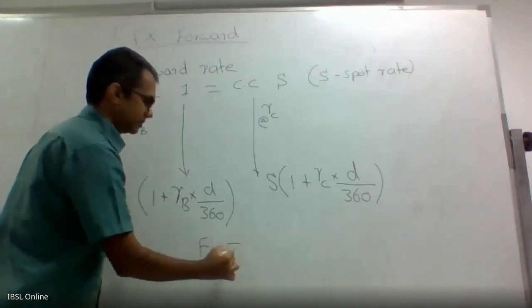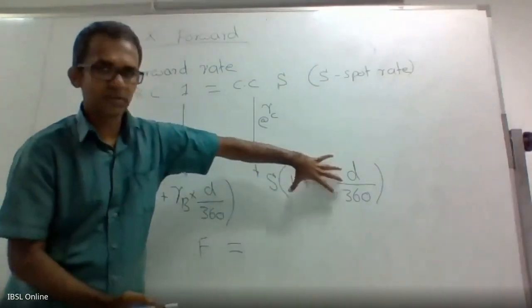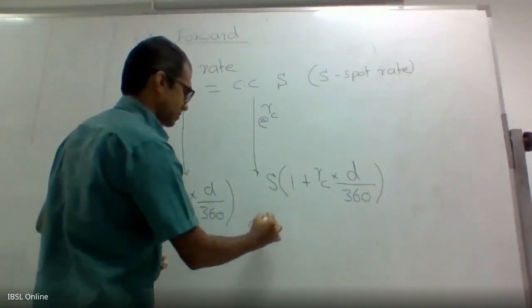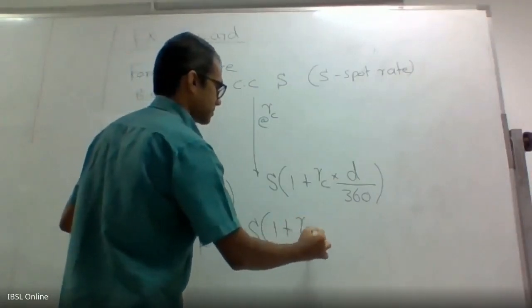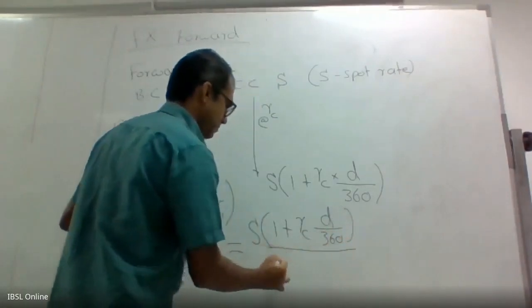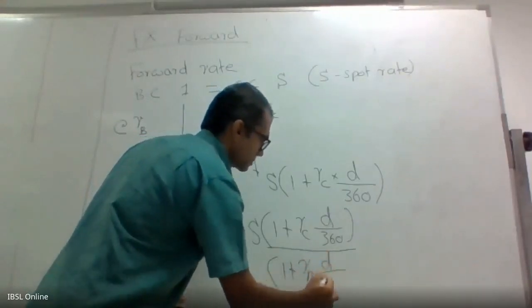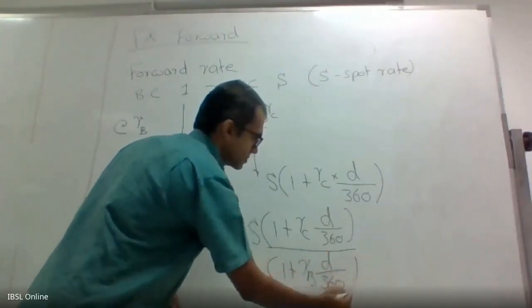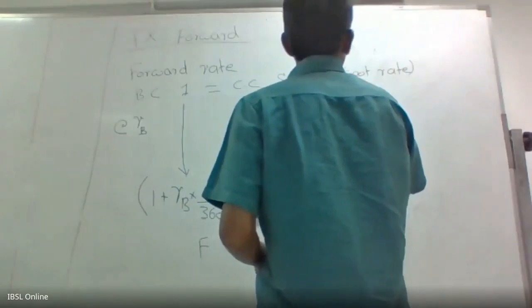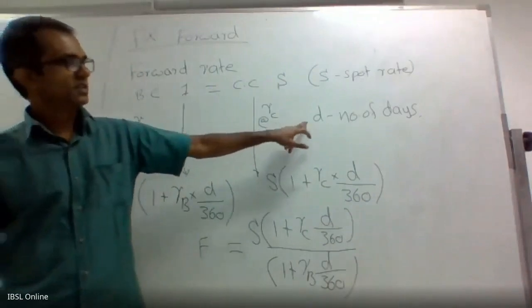Calculate the forward rate, which we denote by F. We divide this whole thing by this. D is the number of days.